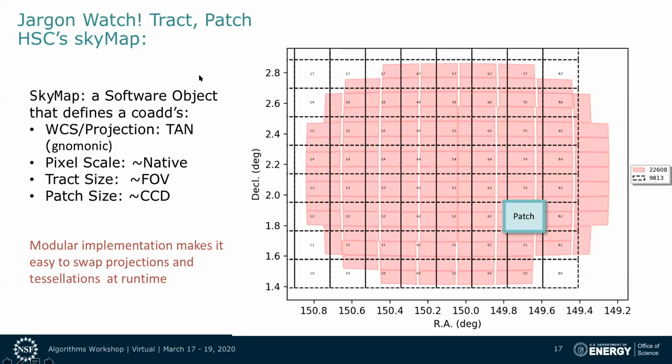Our baseline sky map is to use a tan projection in approximately native pixel scale. The tract sizes are approximately the size of a focal plane, and the patch sizes are approximately the size of a CCD. The coadds are going to be stored on disk per patch.